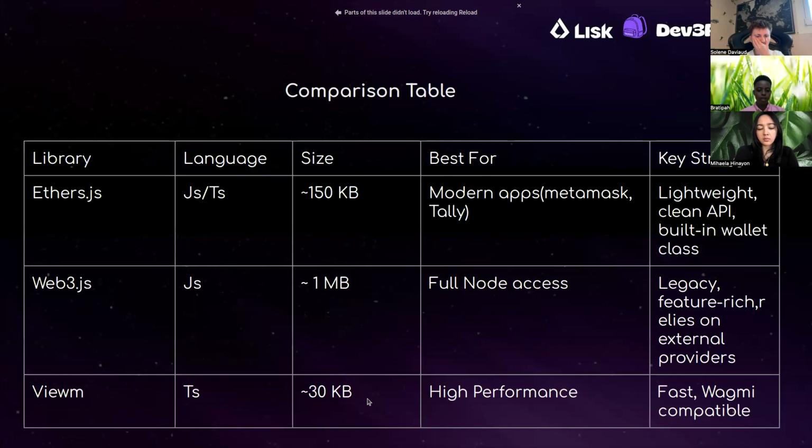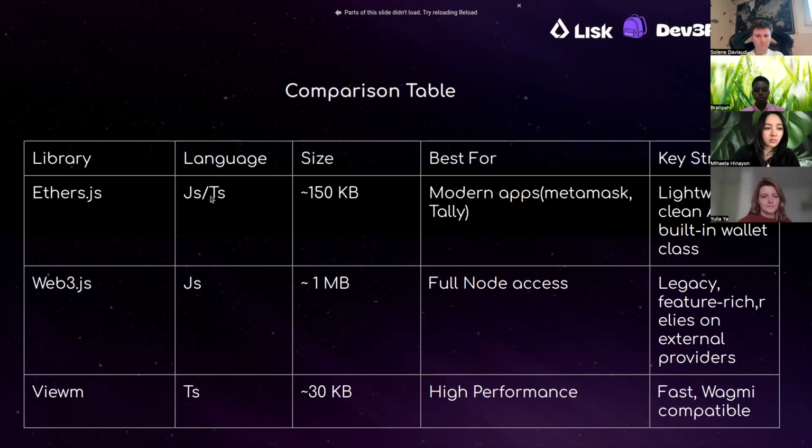So you might be asking, why should I use ethers.js, web3.js, and viem? That's a spelling error. As I've just said, ethers.js and web3.js are both JavaScript libraries. Ethers.js can also support TypeScript, and viem is TypeScript based in terms of language.